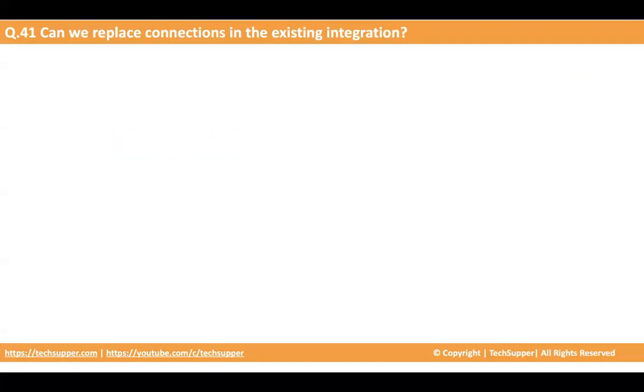If we have another connection REST2, can I replace the connection REST1 to REST2 in integration ABC? The options are yes or no. The answer is yes. Oracle integration allows us to replace the same type of connections in the existing integration, meaning REST to REST, SOAP to SOAP, FTP to FTP, and the role must be same as well.